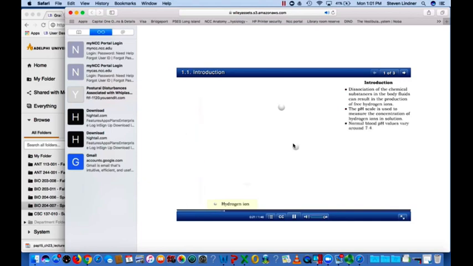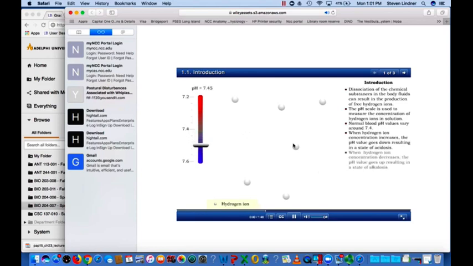The normal blood pH values vary around 7.4. When hydrogen ion concentration increases, the pH value decreases, resulting in a state of acidosis. Conversely, when hydrogen ion concentration decreases, the pH value increases, resulting in a state of alkalosis.